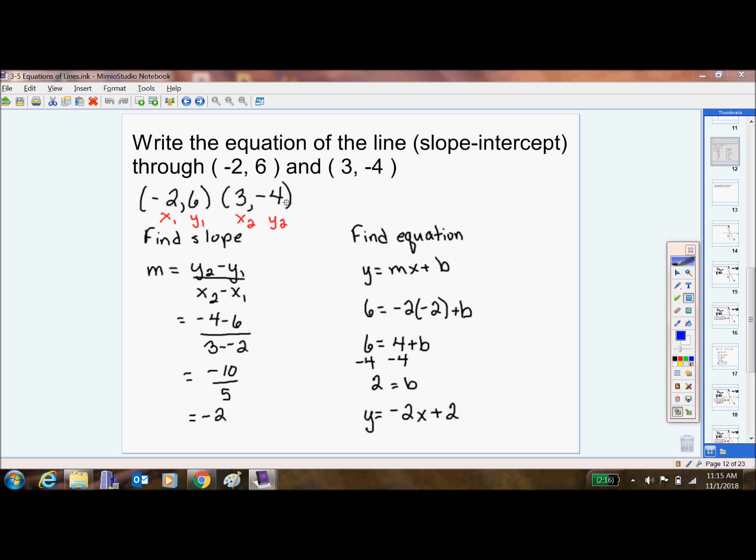If you'll notice, the process on the example in your book is exactly the same. 400,000 minus 300,000 over 13 minus 9 gives you the slope of 25,000. So it was 25,000 players per year.